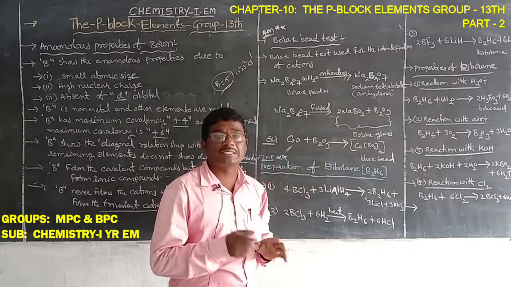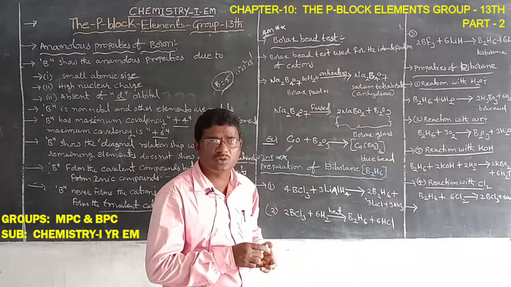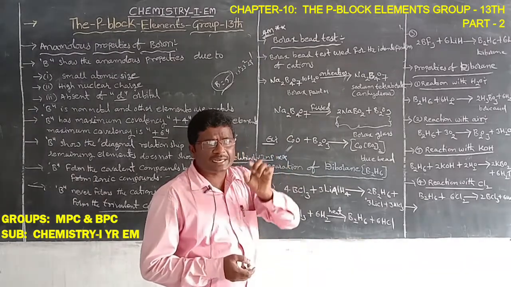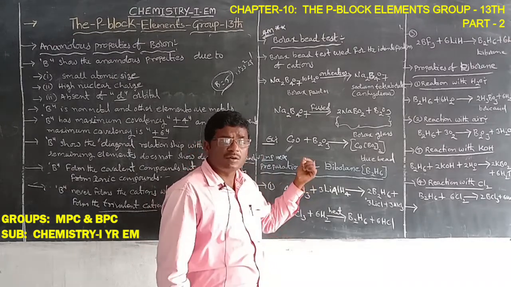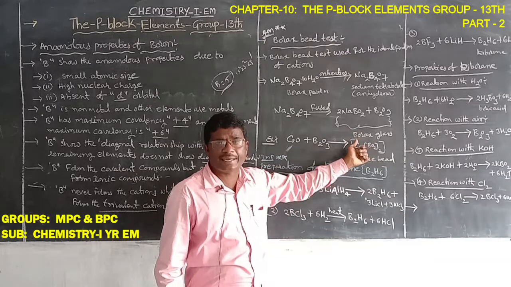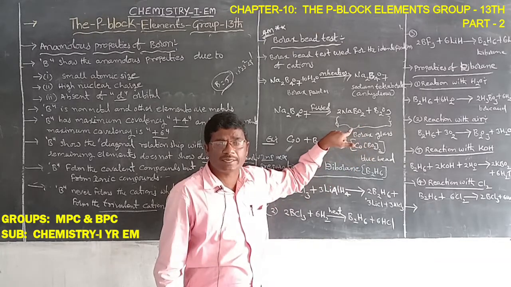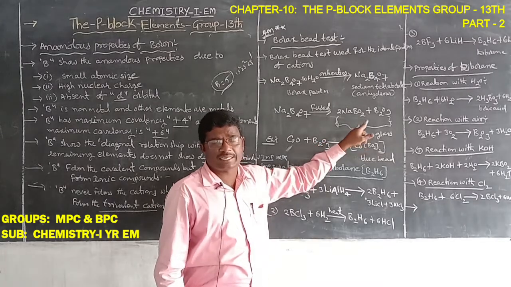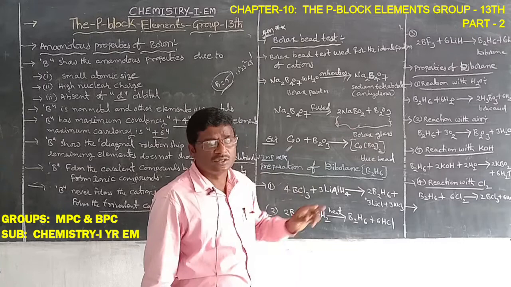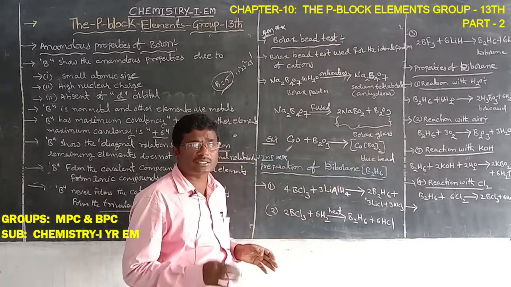It is also known as an anhydrous compound, which does not have water molecules. When sodium tetraborate is fused, borax glass is obtained. Borax glass consists of two compounds: one is sodium metaborate, formula 2NaBO2, and the second is boron trioxide. These two compounds are also known as borax glass.